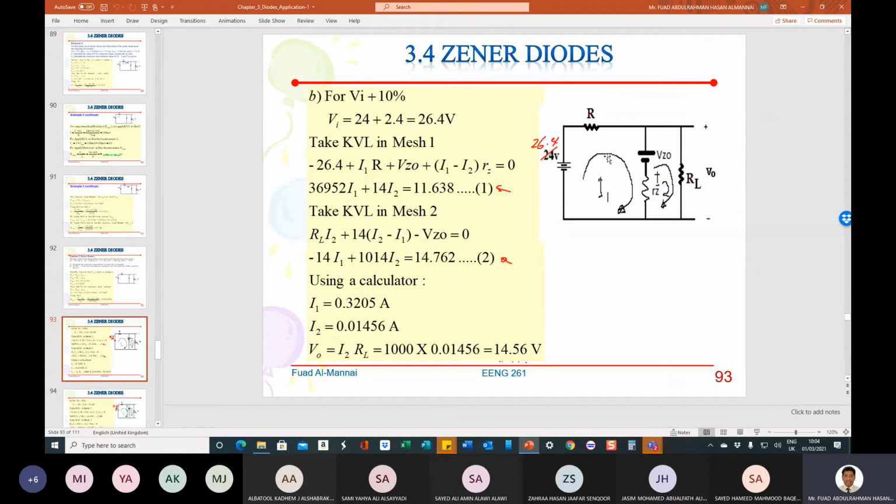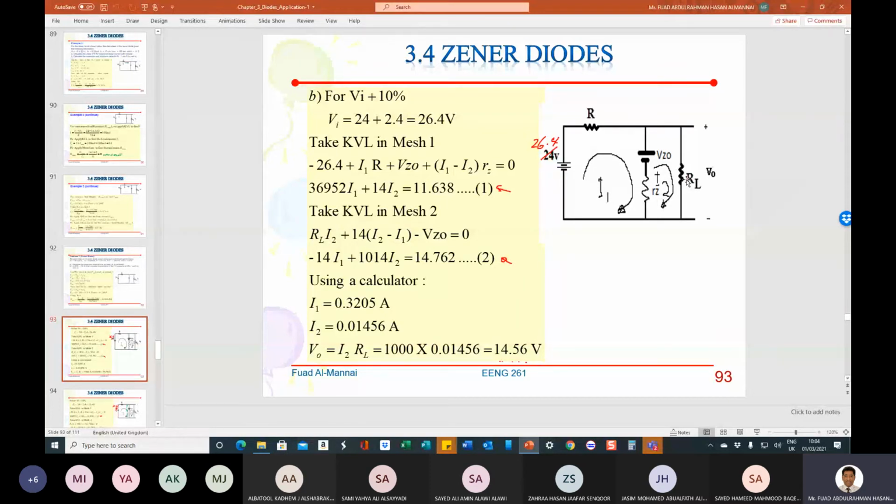Why did we say that? It's because according to what we took in Eeng261, when you are in mesh 1, you start like this, RZ bracket I1 minus I2. Don't forget that. All right, solve and you'll get equation number 1. Go to mesh number 2 and do the same.